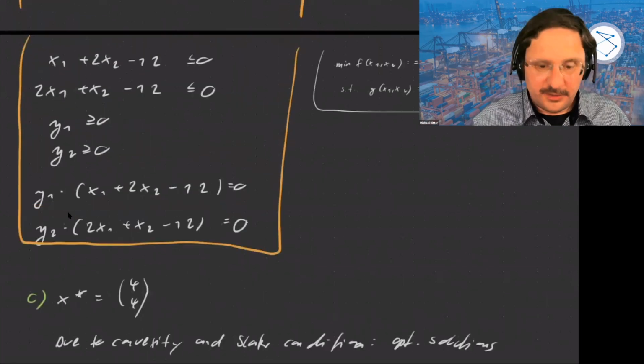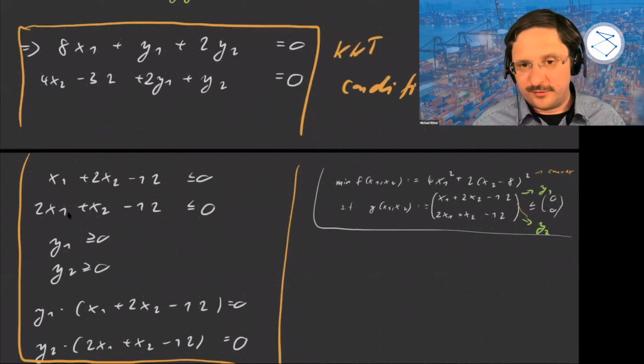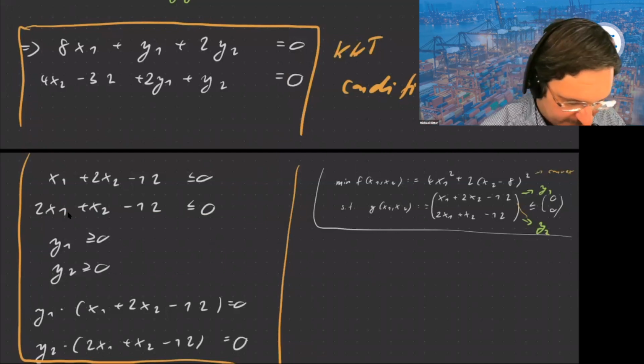To see that, we just have to take this KKT system and try to find a solution for the given values of x1 and x2. And that's what we're going to do.